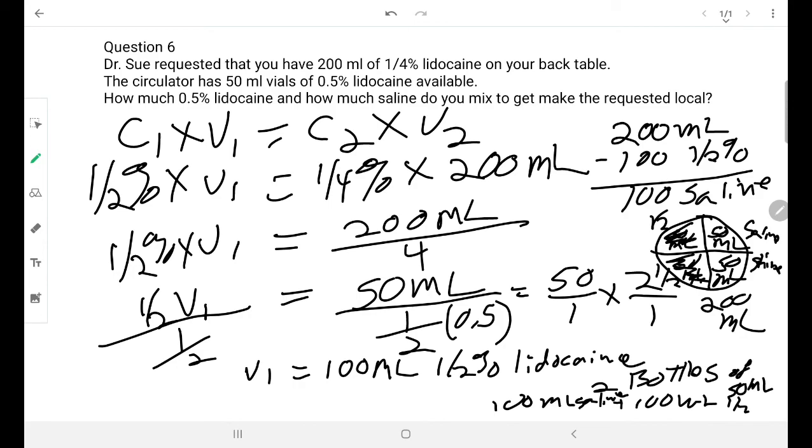That gives us 200 milliliters of 0.25%, which is what we were wanting. 200 milliliters of 1/4% lidocaine.